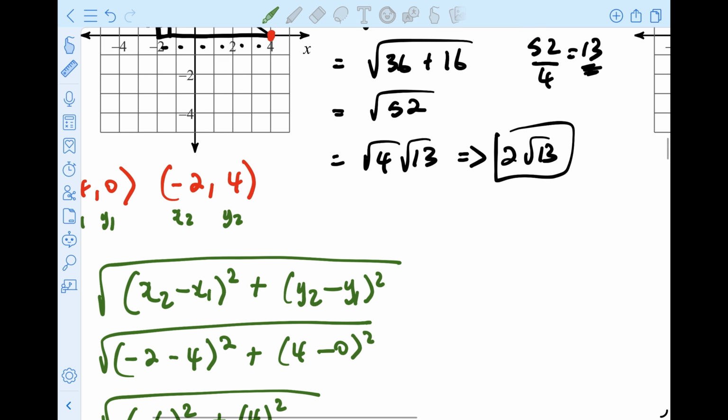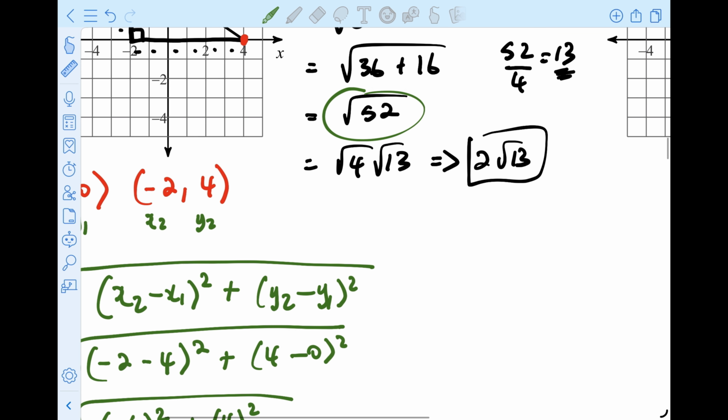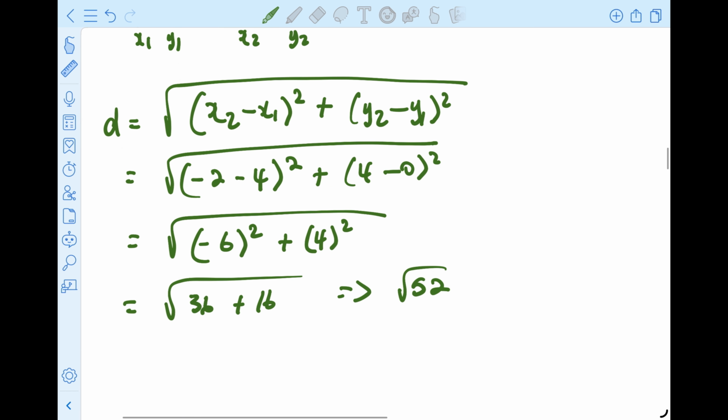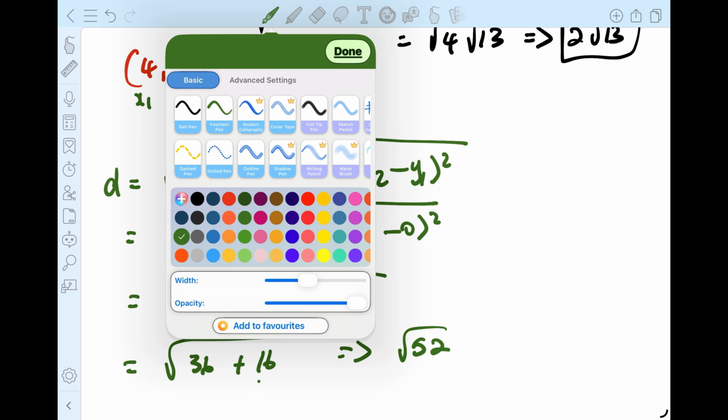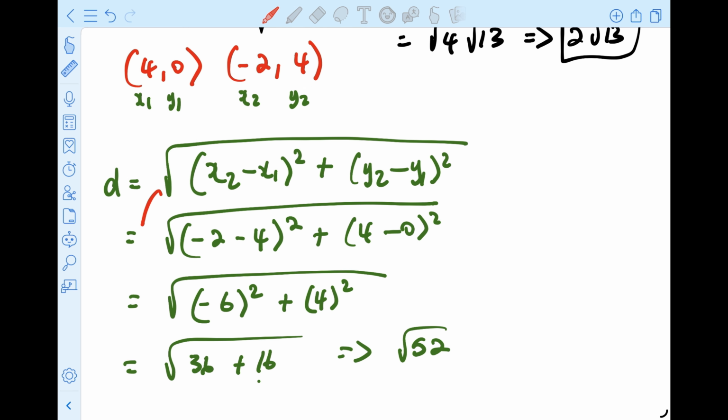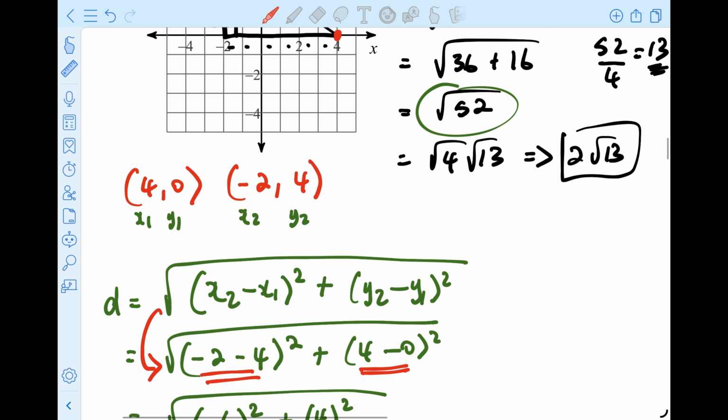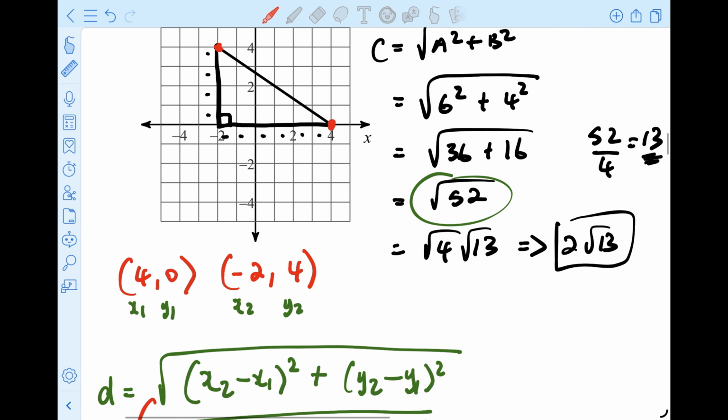You get it? Now, what I want you to focus on is that you could have started to see that we would have ended up with 36 and 16 from when we got to this point here, because we're really just dealing with the distance between the y's and the distance between the x's.